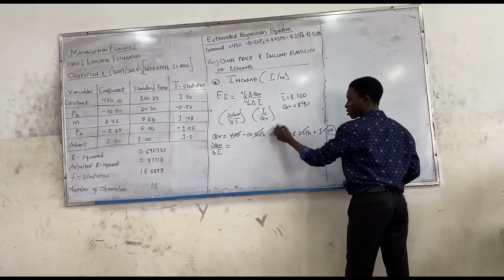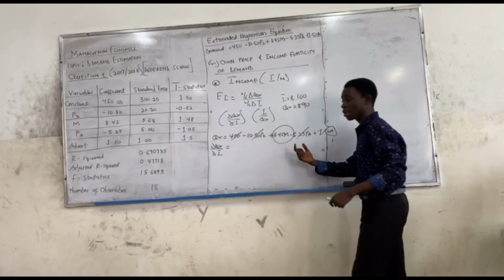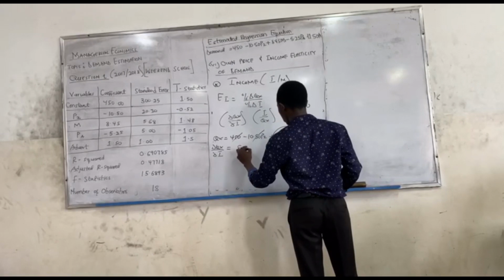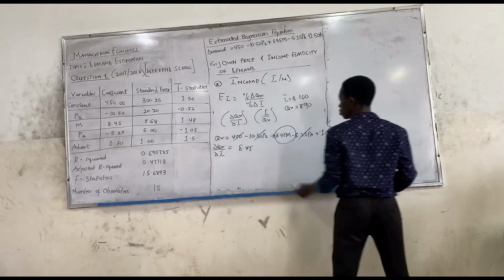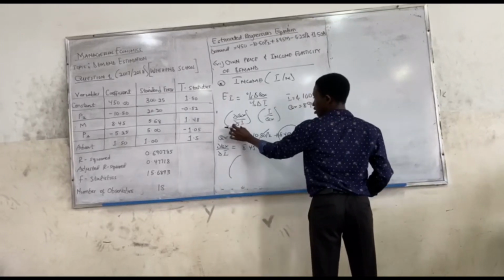So you are left with 8.45 N. We then pick the number attached to N, the coefficient of N, so we have 8.45. Now we cancel off the differentiated term.